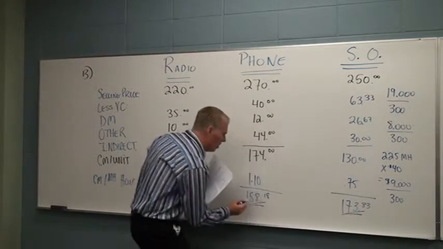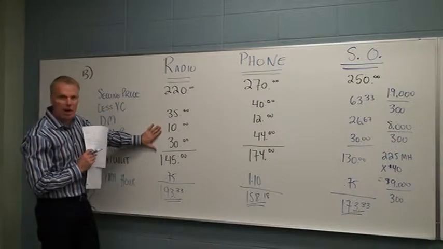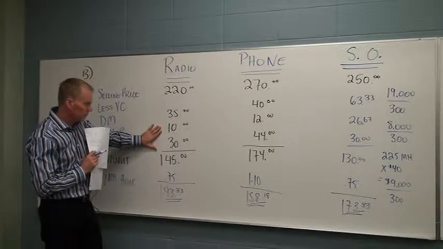So what you now notice is that the radio is the most profitable per machine hour.